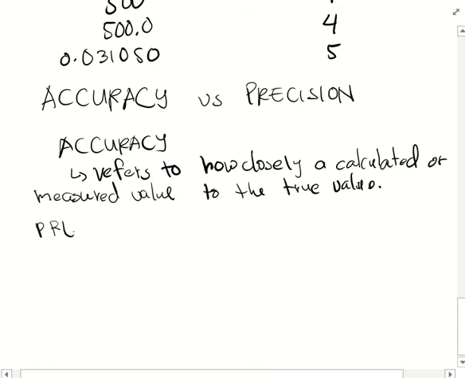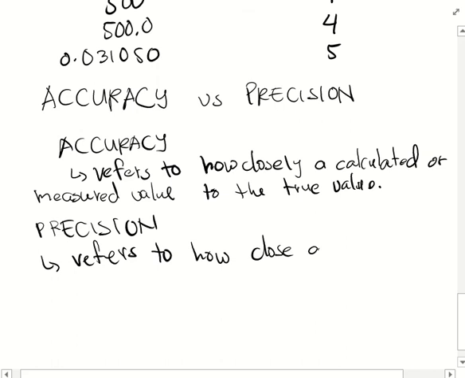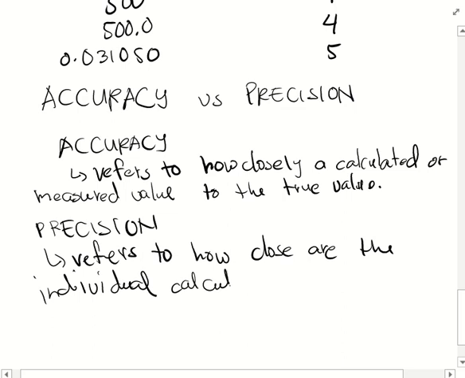How about precision? The basic definition of precision is it refers to how close the individual calculated, computed or measured values are with each other.